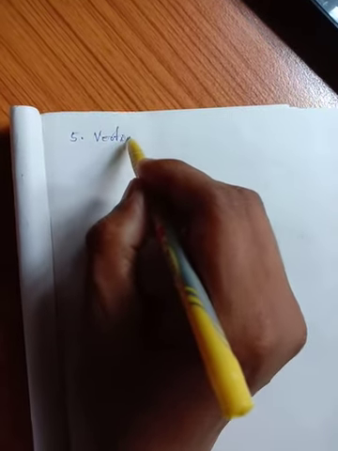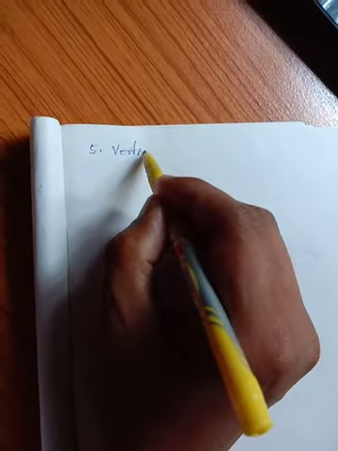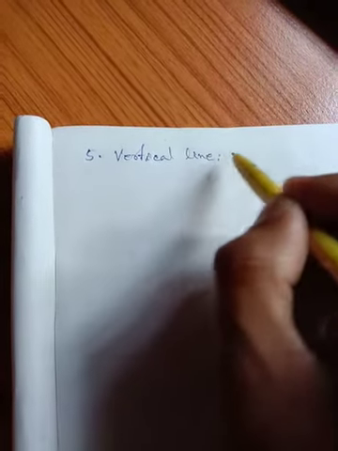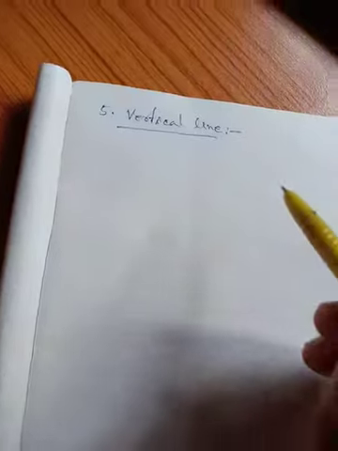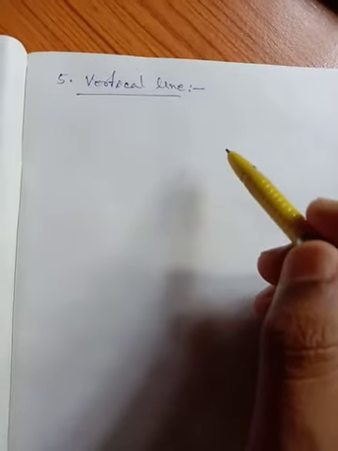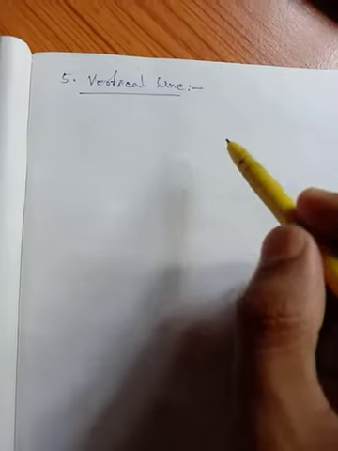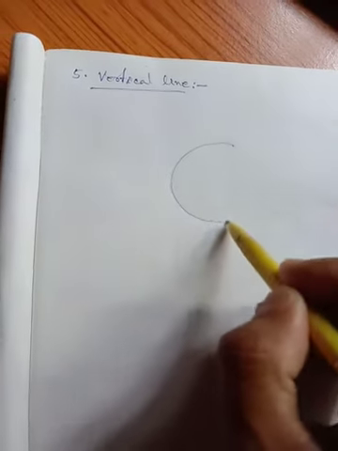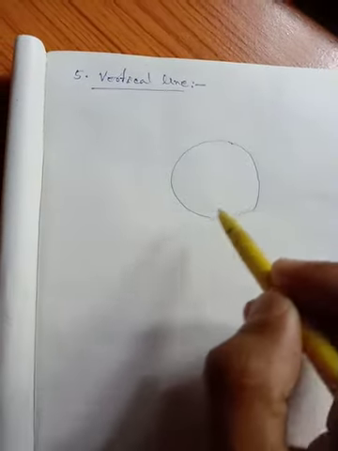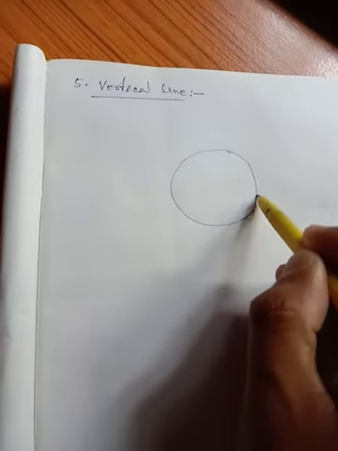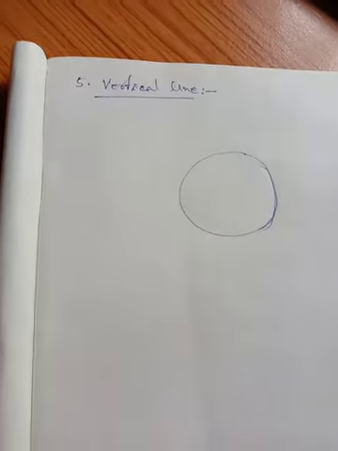Next, your vertical line. It is the line a plumb bob follows when you use it on your earth surface.